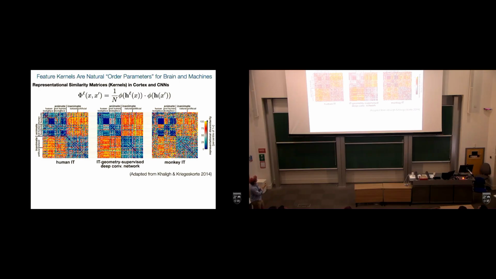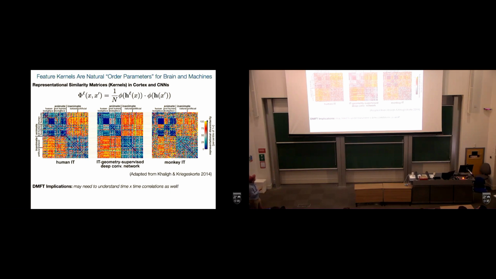Indeed, if you present a bunch of different images of natural things, animate things and inanimate objects, and you plot the cross correlation of neural responses in human inferior temporal cortex, which is a very high up conceptual part of the visual ventral stream, and compare this to what you get when you train a deep convolutional network on natural images, or to the monkey inferior temporal cortex, you can see that they're not exactly the same, but there's some shared structure that's interesting and suggestive.